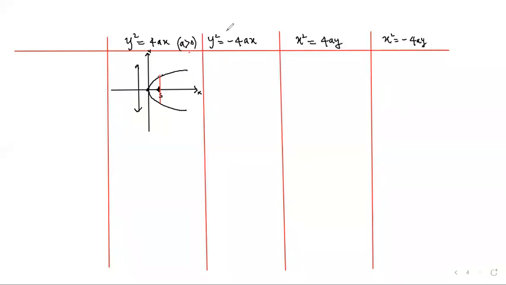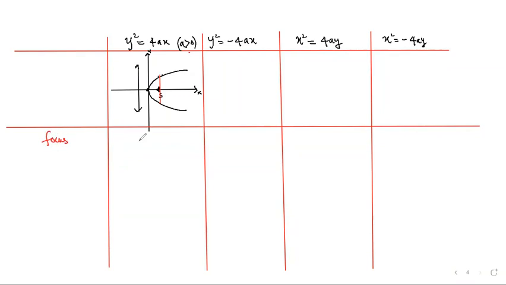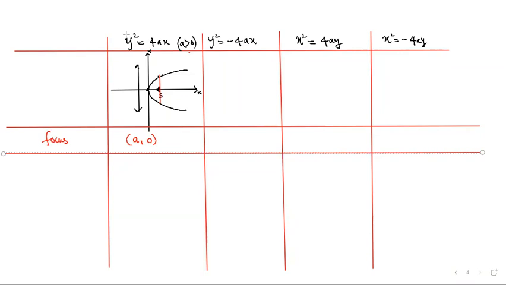Now I'm going to write down all the required details. What is the focus of this parabola? The coordinate of the focus is (a, 0). What is the equation of the directrix? This is the directrix, so what is its equation? x equal to minus a, or you can write x plus a equal to 0.